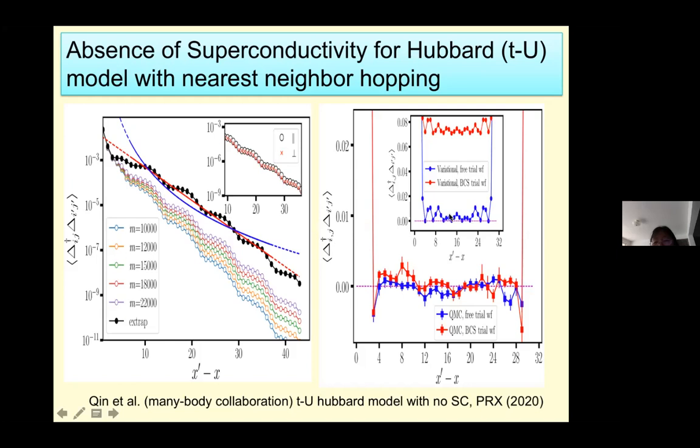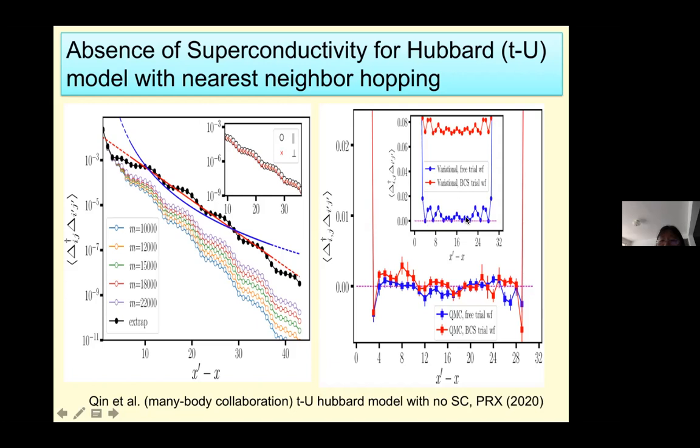When you start from variational Monte Carlo using the BCS trial wave function, you start from very large superconducting pairing correlations. With improvement of the quantum Monte Carlo state, the superconducting correlations get suppressed.